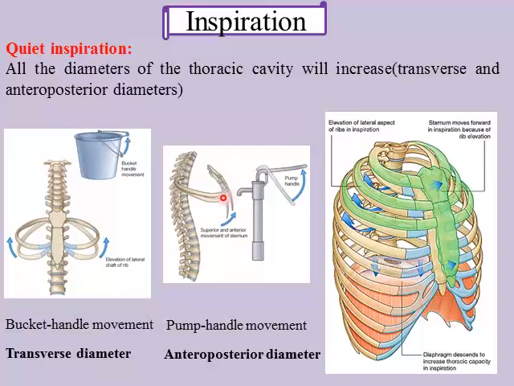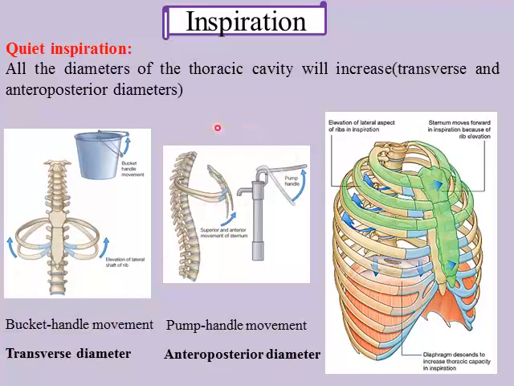So, when the rib is elevated, it moves the sternum forward and upward. This movement is called pump handle movement, and it will increase the anteroposterior diameter of the thorax. So, the pump handle movement increases the anteroposterior diameter.